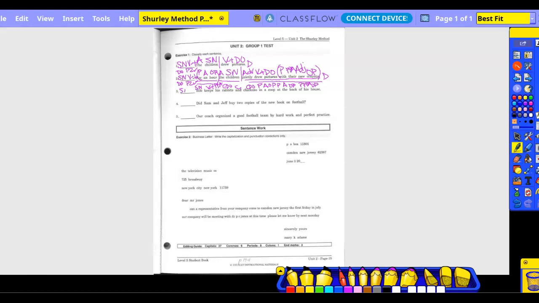Pattern: subject, noun, verb, transitive, direct object, pattern to check. In a coop. At the back. Of his house. Period. Back to the verb, divide the complete subject from the complete predicate. Is there an adverb exception? No. It's natural or inverted order?